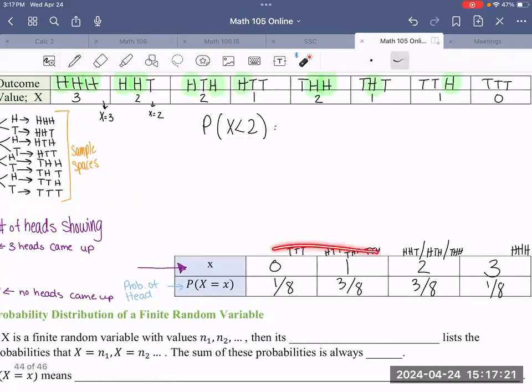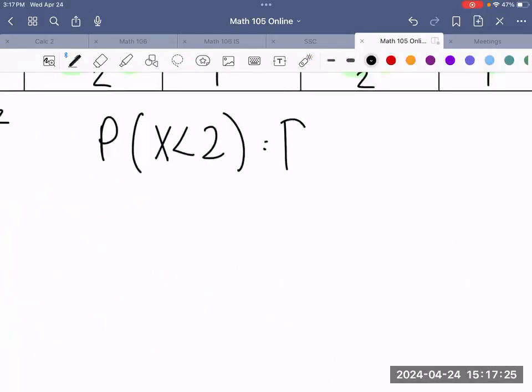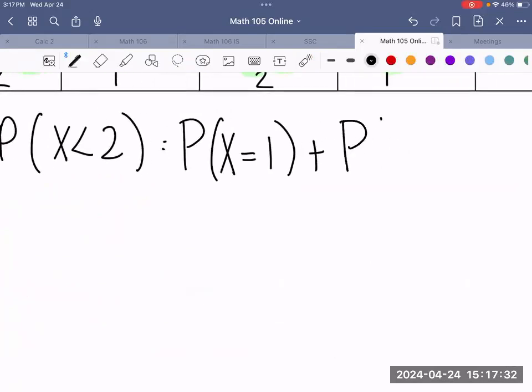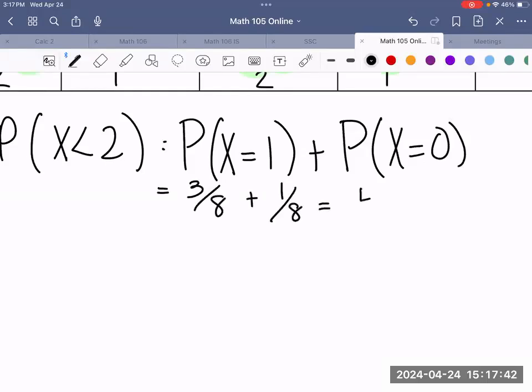Which means you can get either 0 heads or 1 head. So we can add those probabilities up just like we did back in chapter 7.3, where this is equal to 3 out of 8 plus 1 out of 8, which is 4 out of 8, or 1/2.